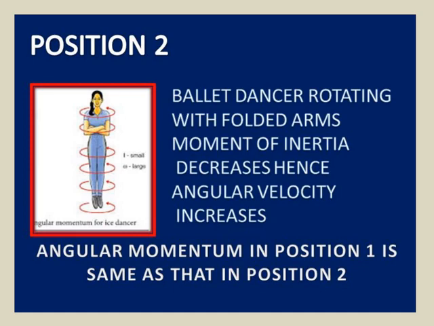Hence the angular velocity of the dancer increases. Both in position number 1 as well as in position number 2, angular momentum remains constant. Therefore angular momentum is conserved. Now we can observe the dancer rotates with a greater frequency.